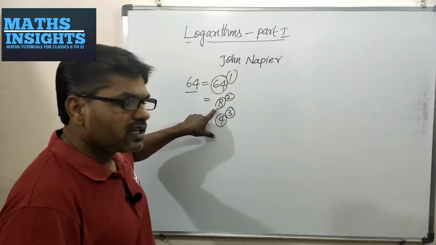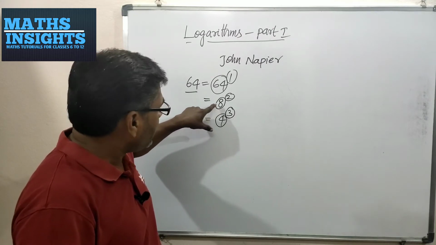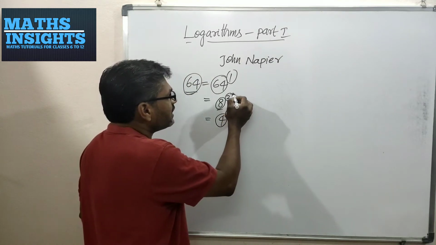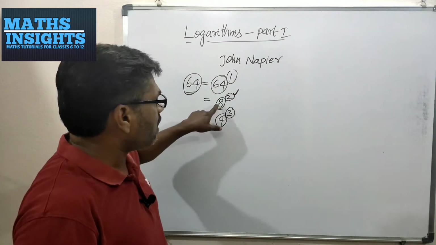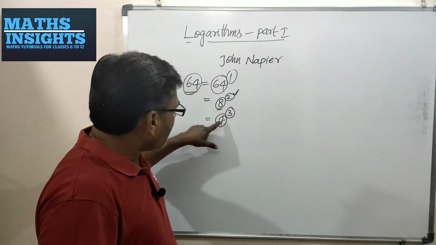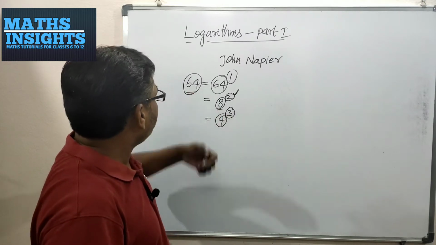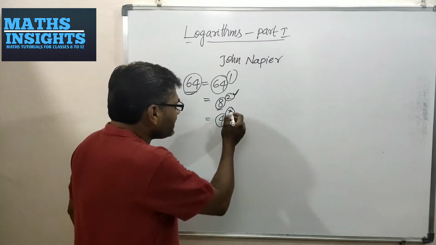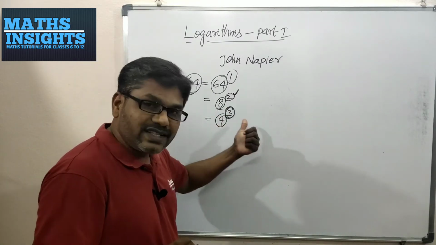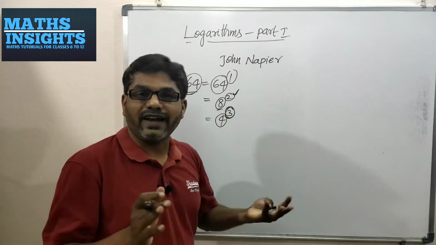And here I am writing 64 by taking base 8, and to get this 64 I am raising exponent 2 on 8. Similarly, by taking base 4, I am raising exponent 3 on 4 to get this 64. This power or exponent I raised on a particular base to get 64 is called the logarithm.